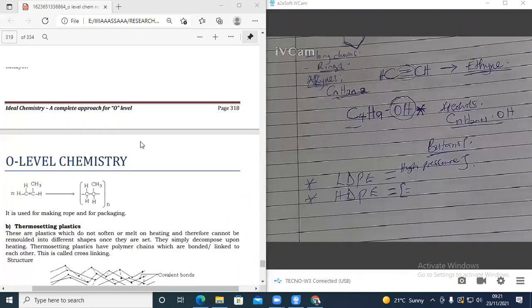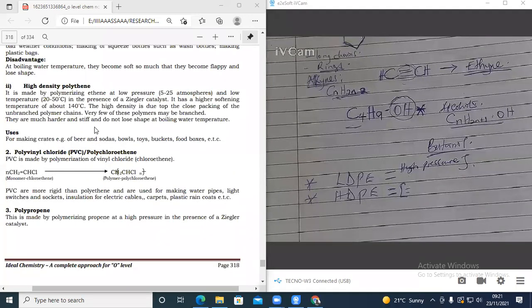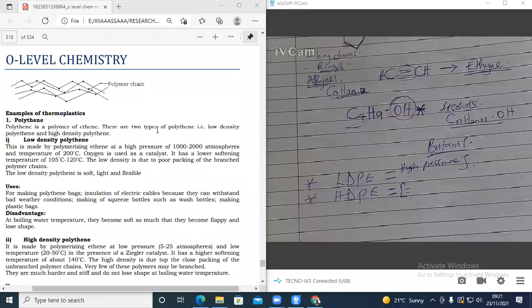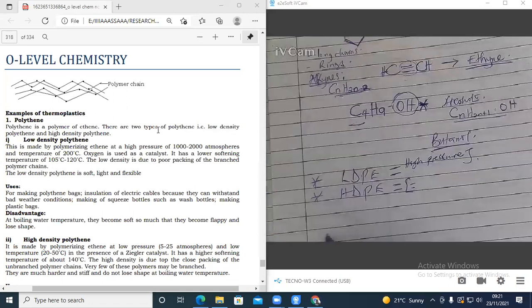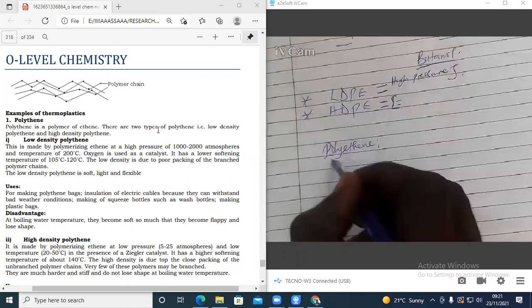Then you should know how some of these polymers are formed and what their monomers are. Apart from a polymer called polythene, which other polymer do we know? We have PVC.